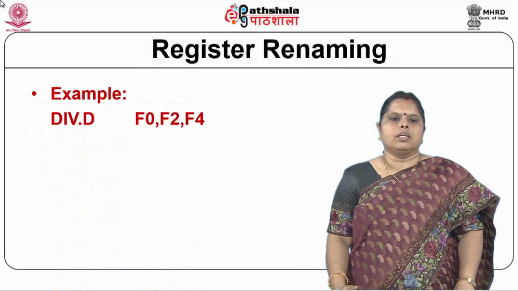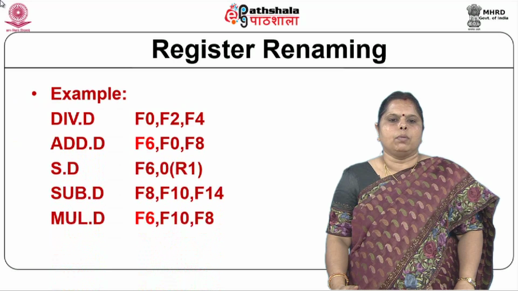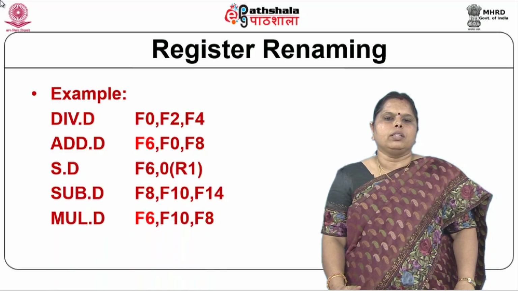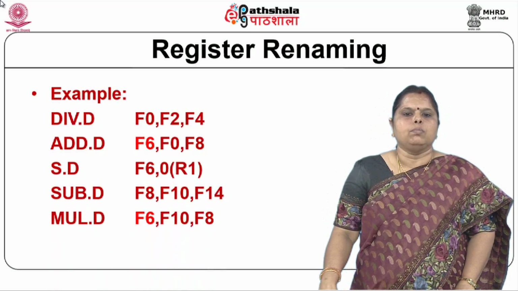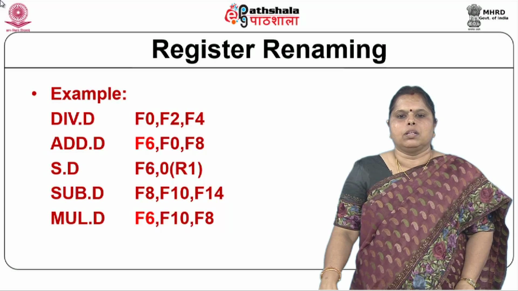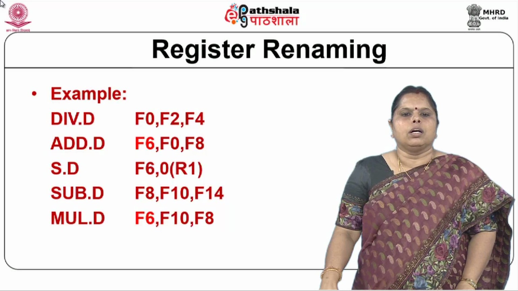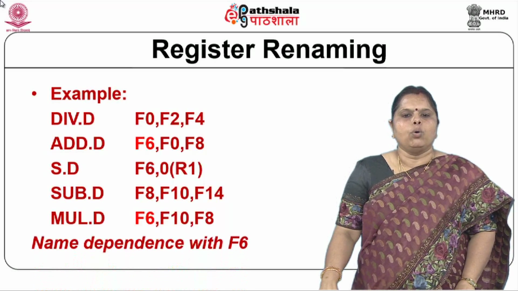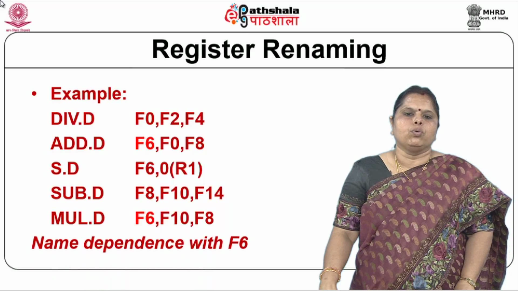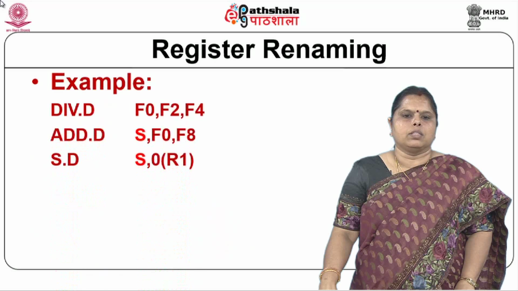Now, how is register renaming done? This just gives you an example of the register renaming process. Here you find that there is a name dependency with the F6 register because it's the same register that is being used. There are of course data dependencies also, but the name dependence is only with respect to the F6 register. So how do you handle this name dependence? If you just use a different register, you see that the name dependence has been resolved.